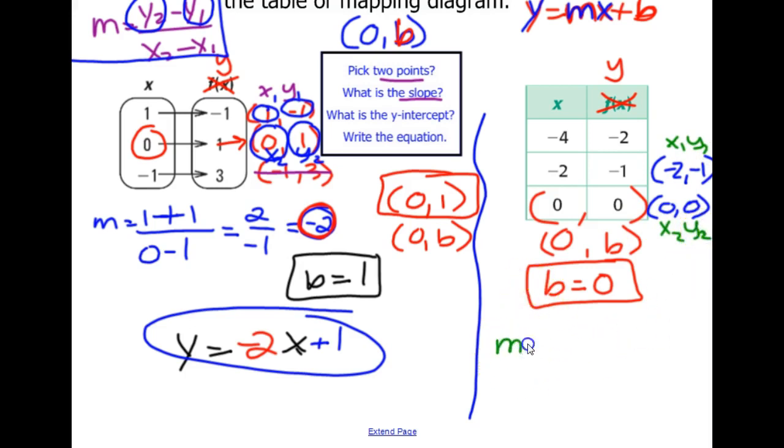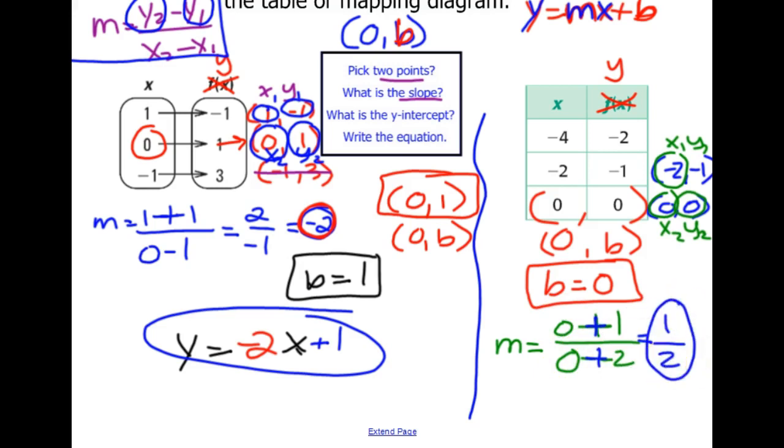So plugging into my slope formula, y2 minus y1, so y2 is 0, minus y1, which is a -1, so 2 negatives make a positive, and then x2 minus x1, 0 minus a -2, again 2 negatives make a positive. 0 plus 1 is 1, 0 plus 2 is 2, so our slope is 1/2. So our equation y equals mx plus b, y equals 1/2 x plus b, which is right here, 0.